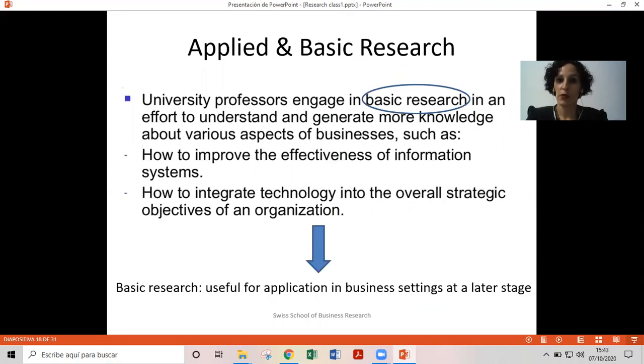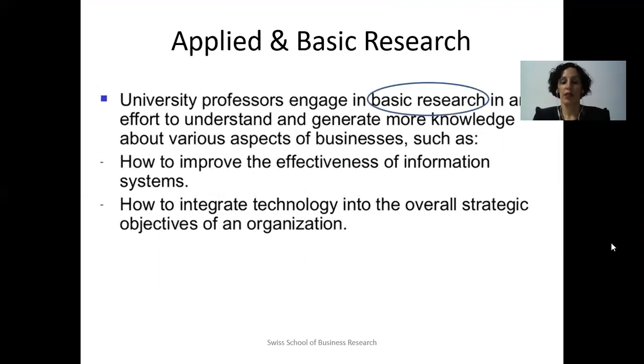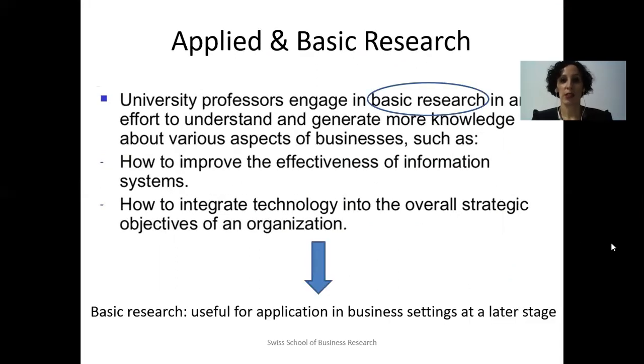When a university professor, as I explained before, is doing a doctorate in specific types of business organizations in the 21st century in Spain, that kind of research will be basic research because it's made to understand, to gather more information, to create a body of knowledge about a specific area.